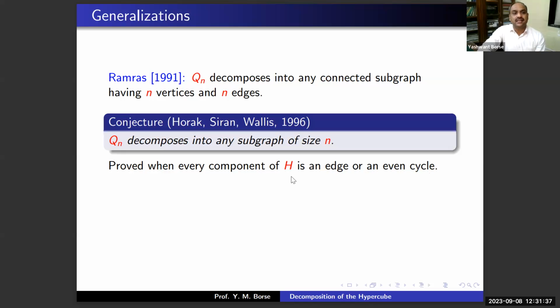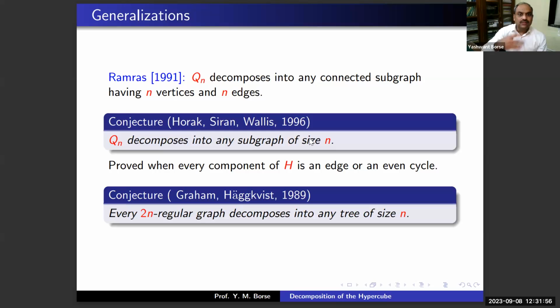Under this restriction, Qn can be decomposed into copies of H. But in general, the conjecture is open.